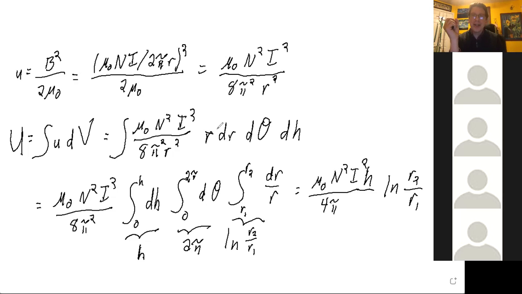Of those, the energy density only depends on r. It does not depend on theta, and it does not depend on h. So you do those integrals, that simply becomes h. The theta term simply becomes 2 pi. And then you're integrating dr over r. So you're left with this natural log term. So any questions about this?